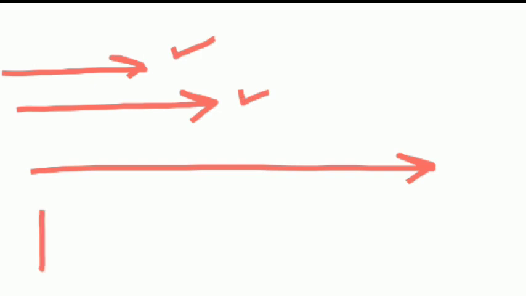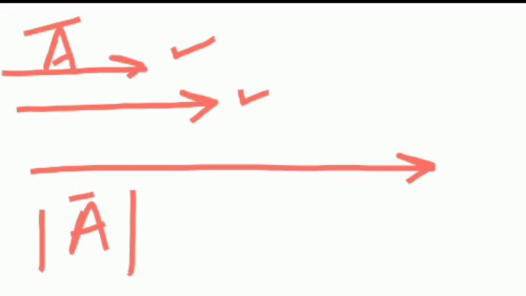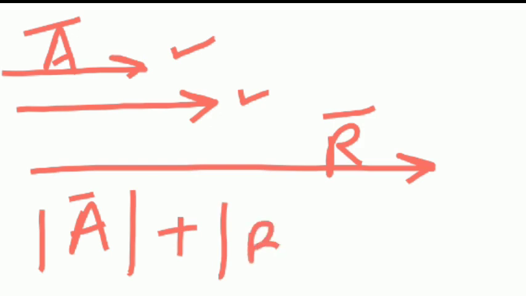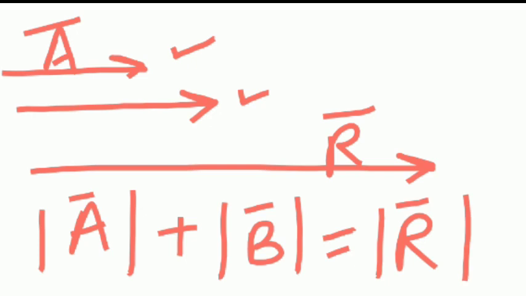This means, if this is vector A, this is B, and this is R bar, then the magnitude of vector A plus the magnitude of vector B is exactly equal to the magnitude of vector R. But remember, this holds only when these two vectors are parallel. If they are not parallel, then the magnitudes will not add like this. The magnitude we can only find using the triangle law.